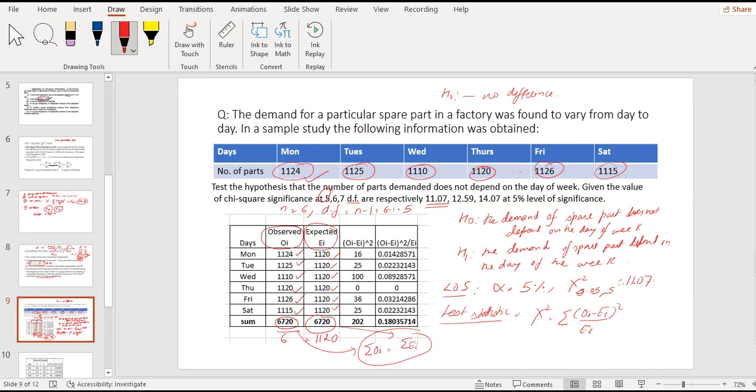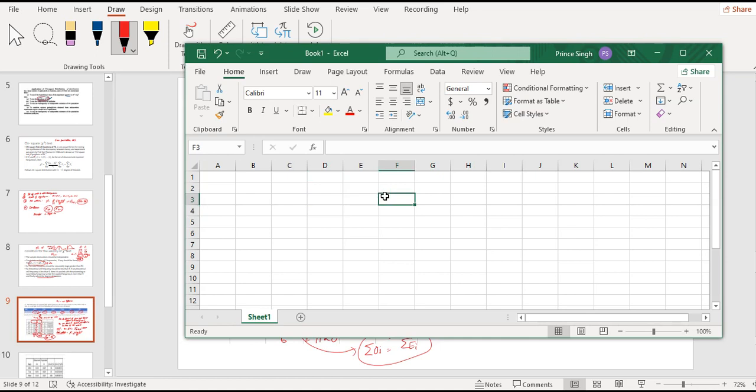What we have to do is calculate observed minus expected, squared. Firstly I calculate the difference of these two, then we take its square and then divide it by the expected frequency. I have calculated this data using Excel. If you want, I'll demonstrate how we can calculate this through Excel. Our observed frequency, let it be denoted by OI.